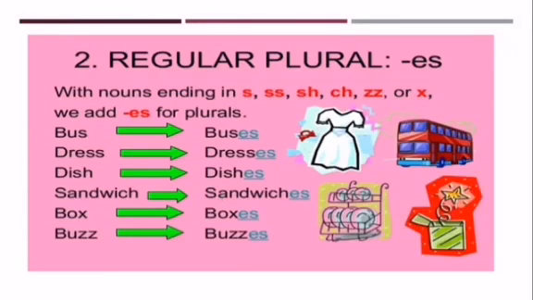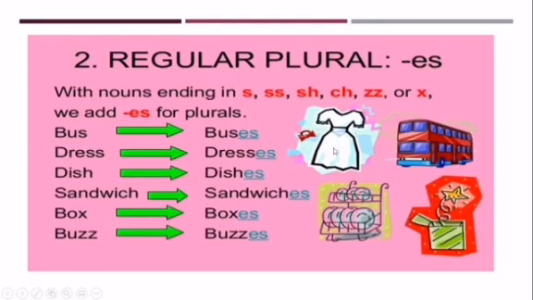But we have different rules. For example, when we have nouns ending in S, double F, SH, CH, double Z, or X, instead of adding just an S, like in the previous rule, we need to add ES to make the plural. For example, bus, so one bus, in this case we say two buses.